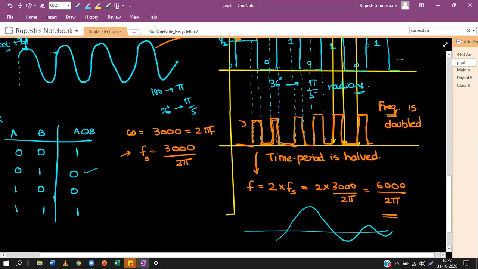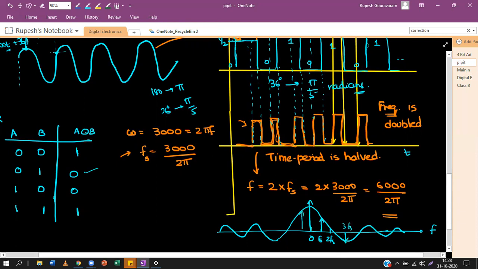Don't confuse between the domains. Here the domain is time, but here the domain is frequency. That is the meaning of Fourier series. We change the domain from time to frequency. So here the first one will be zero frequency, and next one will be Fs, then this will be 2Fs, then this will be 3Fs, and so on.